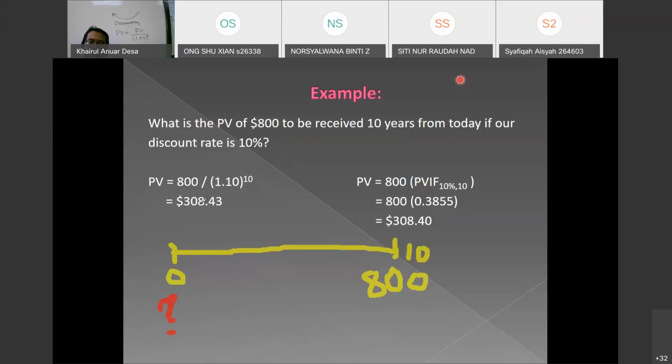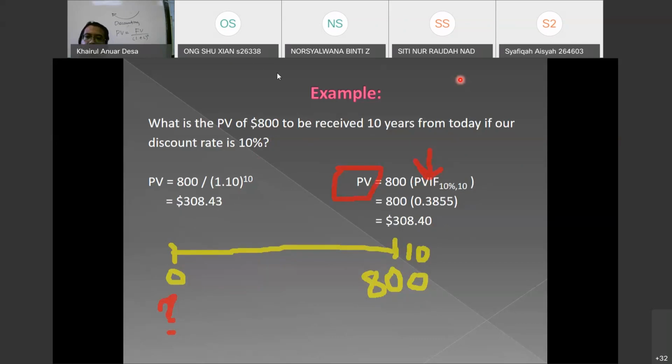Okay, kalau kita dari calculation ini, kita akan dapat 308.43. This is from the table. Okay, 10%, 10 years, present value. Present value interest factor table. We use present value interest factor table.